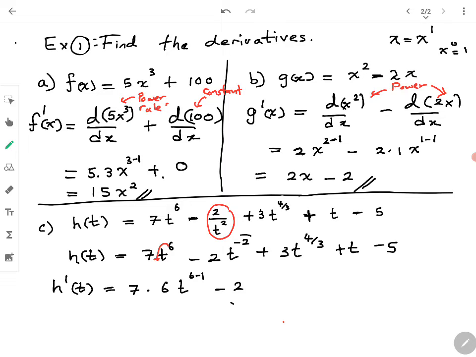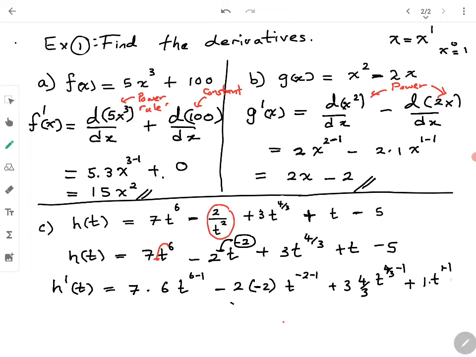And here negative 2. So you bring that negative 2 power down. So you need to bring the sign also. If you have a negative power, you bring the negative sign also. And then subtract 1 from that. Then here you bring the 4/3 down and subtract 1. And the derivative of t, which is what? t means t to the 1. So you bring 1 down, t to the 1 minus 1.